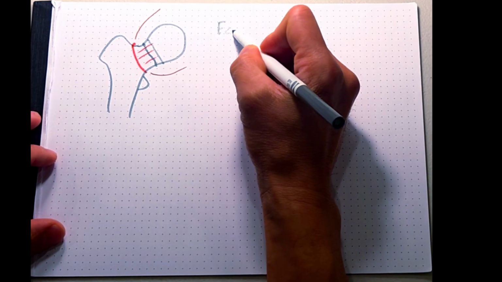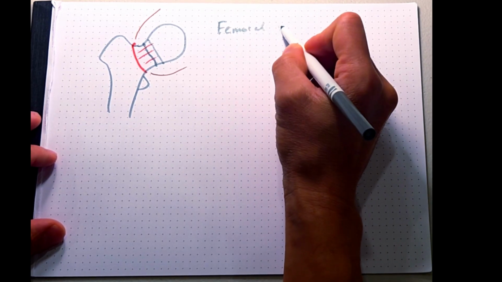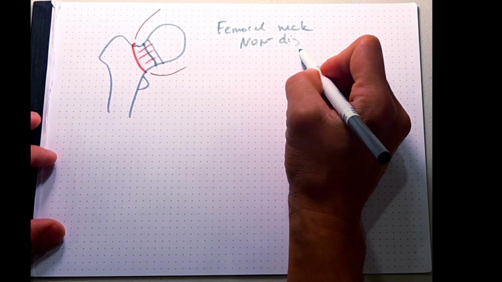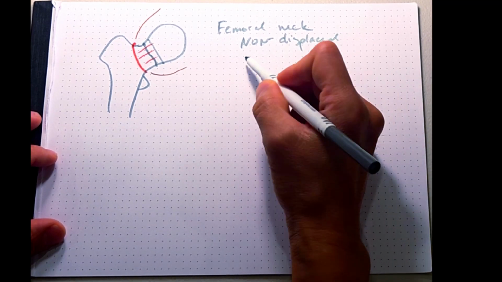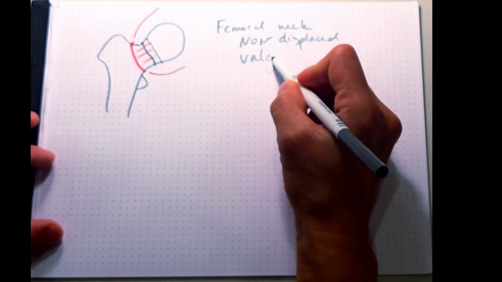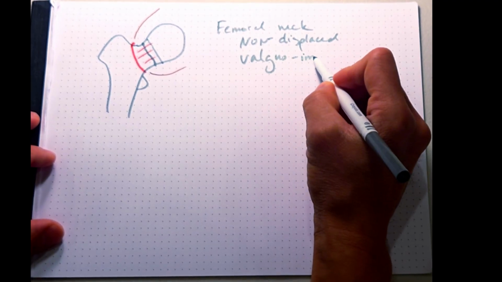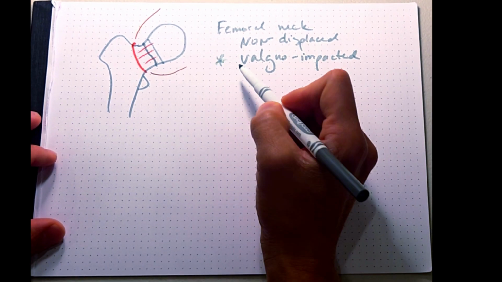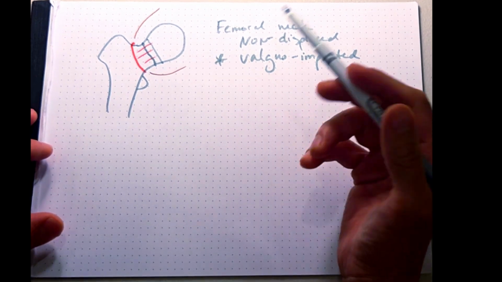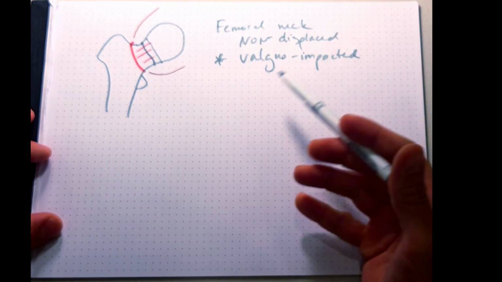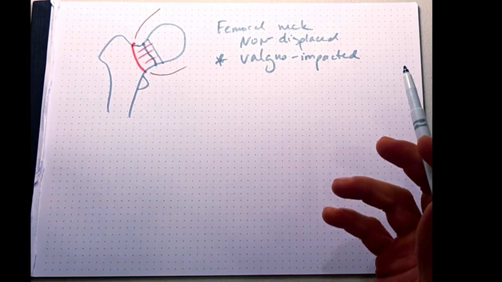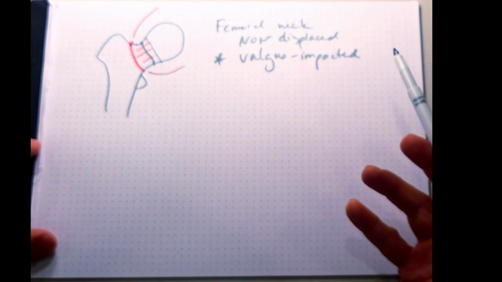So we're going to call this femoral neck. So either non-displaced, or if you remember, the minimally displaced, the most common one is valgus impacted. Again, I'll put this with an asterisk. Some people are more apt to replace even the valgus impacted ones because there's some data to suggest that they have a better functional outcome.